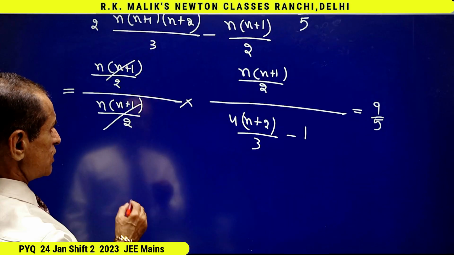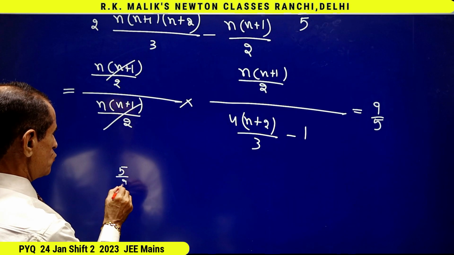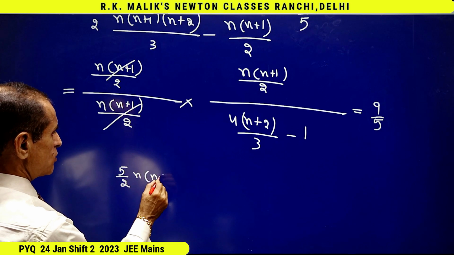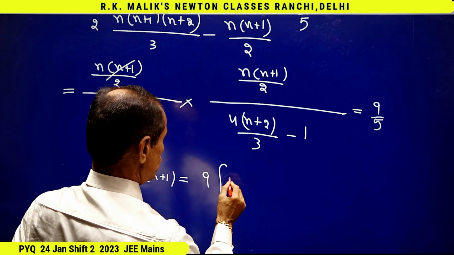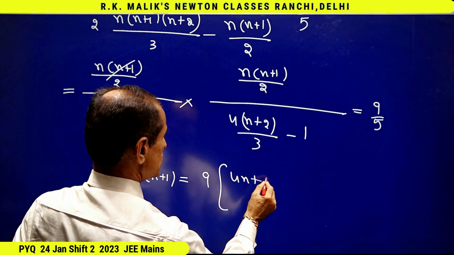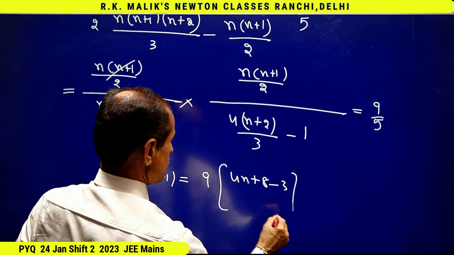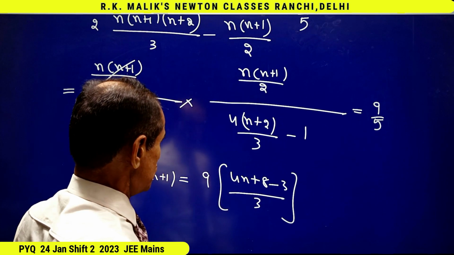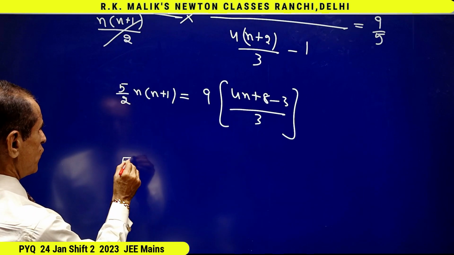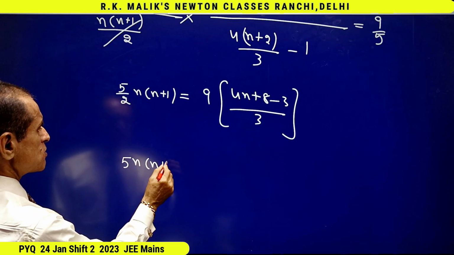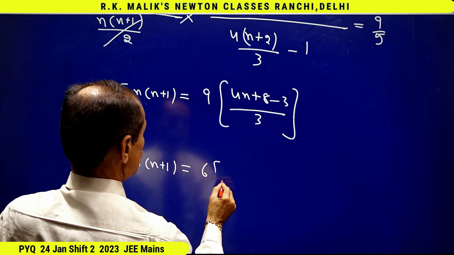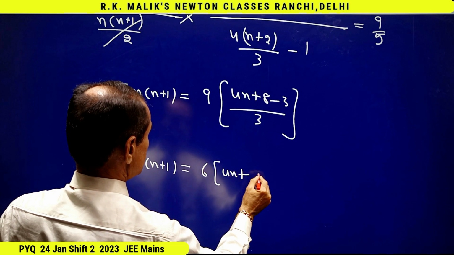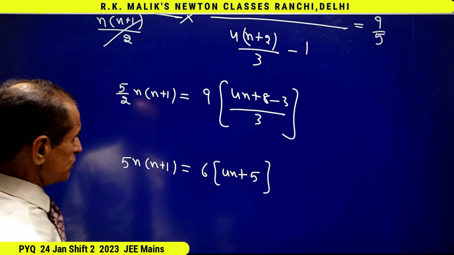The remaining will be n into (n plus 1) by 2 upon [4 into (n plus 2) by 3 minus 1], equal to 9 by 5. That is, I conclude that 5 by 2 into n into (n plus 1) is equal to 9 into (4n plus 8 minus 3) by 3. That is, I get 5n into (n plus 1) is equal to 6 into (4n plus 5).